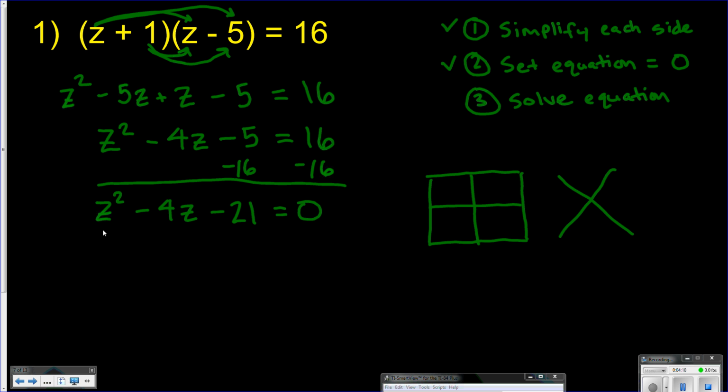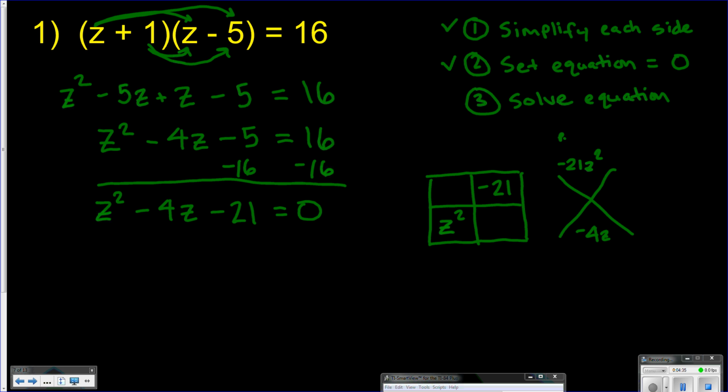Remember, first term, bottom left corner, so we've got z squared, that's the area of that box. We have a negative 21, would be the area of this one here. Z squared times negative 21 gives us negative 21z squared. And then we take our middle term, negative 4z, and we place it down in the bottom.